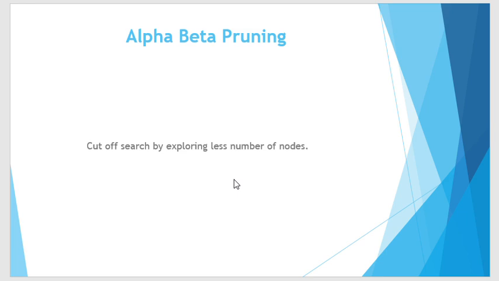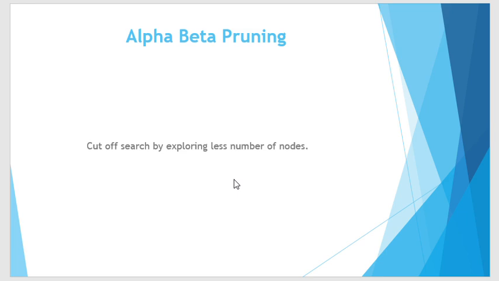And in alpha beta pruning what we actually do is that we cut off this exploring, and I have written this as an important point here, that it cuts off search by exploring a smaller number of nodes. When we explore fewer nodes, obviously our performance will increase and it will take less time in alpha beta pruning.